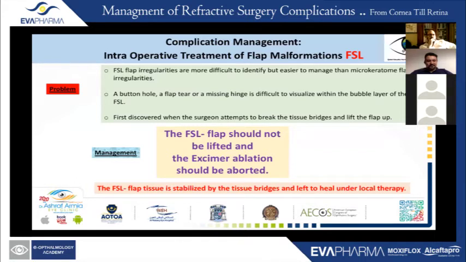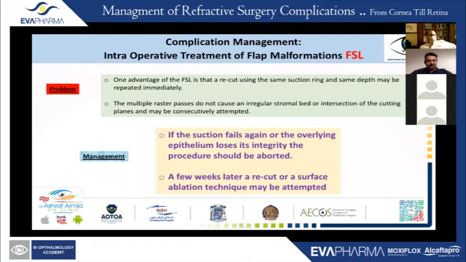So if you have a buttonhole or a flap tear or missing hinge, first discovered usually when you start to elevate your flap, you are going to face the complication. Once you find this, the femtolasic flap should not be lifted and the excimer ablation should be aborted. And you leave the patient, because you didn't destroy any tissue bridges, leave it to heal and see what you are going to do.